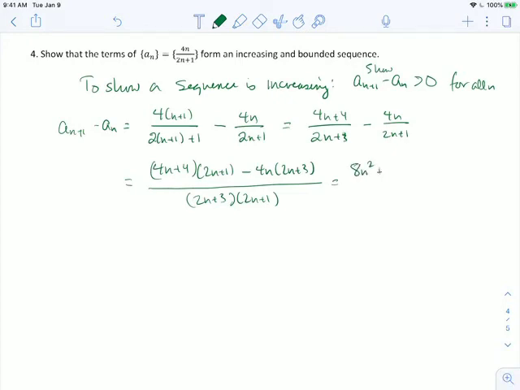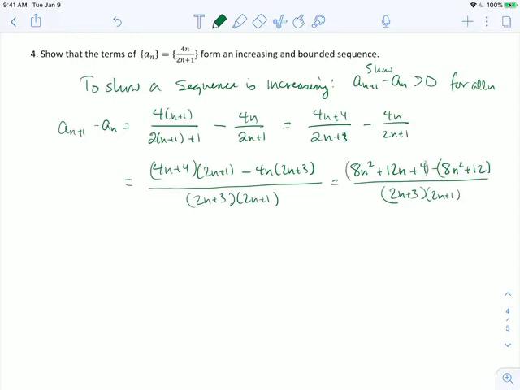I think I get 8n squared plus, it looks like I get 8n plus 4n, so plus 12n plus 4 minus 8n squared plus 12n.